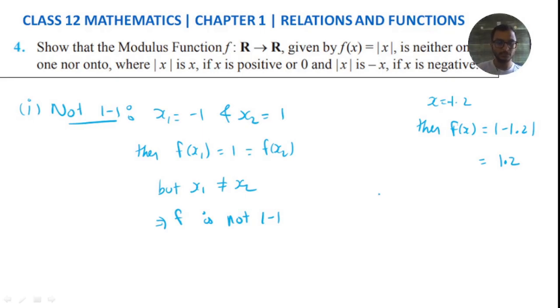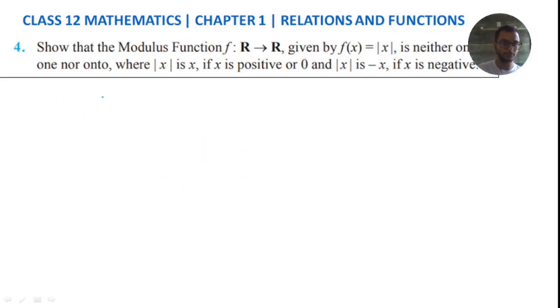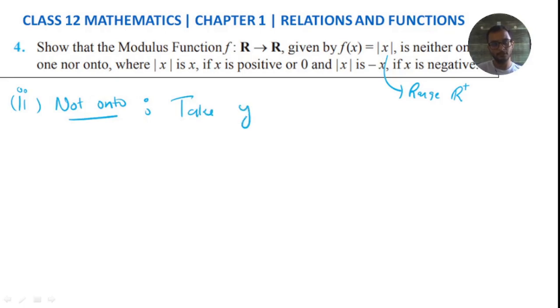Next we should show it is not onto. So we should find one point in the codomain whose pre-image does not exist. Again we should first look at the property of the modulus function. What is its range? It takes only the positive side, so only non-negative real values. So if we take a negative number, its pre-image will not exist. So take y equals minus 1.2.